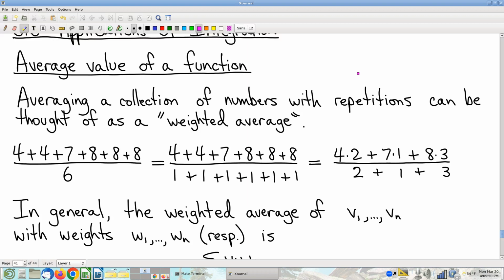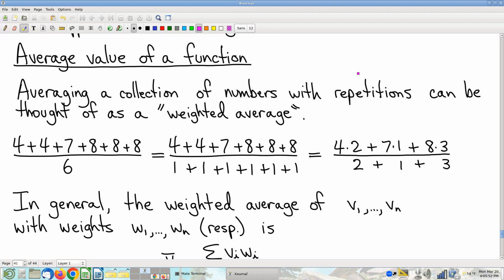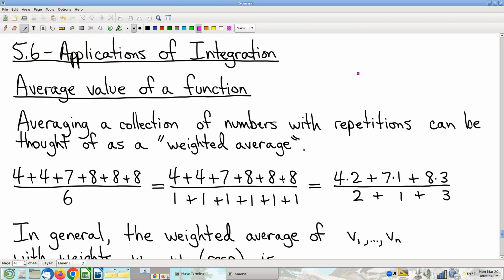Okay. So, in section 5.6, there's a mishmash of different topics that are all kind of related to each other. Some of them are math ideas, some of them are physics ideas. I'm going to try to keep the physics to a minimum. This isn't a physics class after all. That said, it is nice to have physics applications so you can see what the math is good for, the way some students think about it.